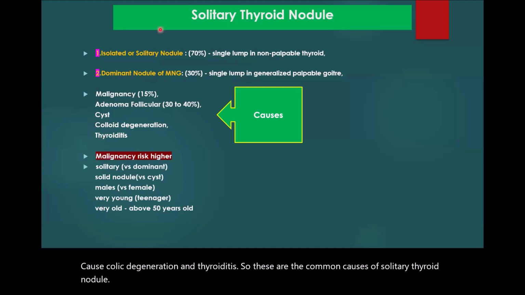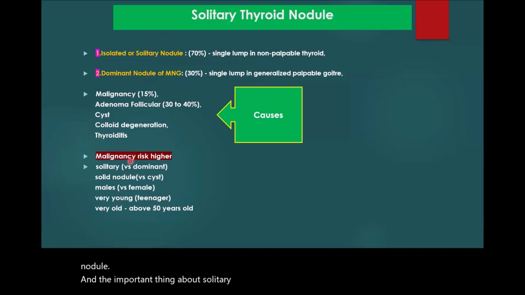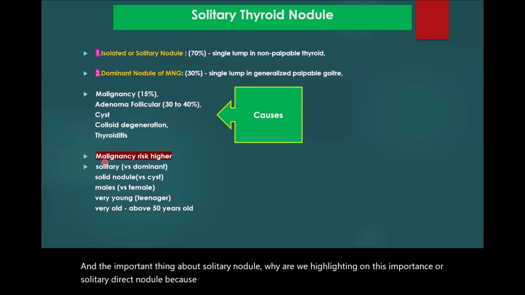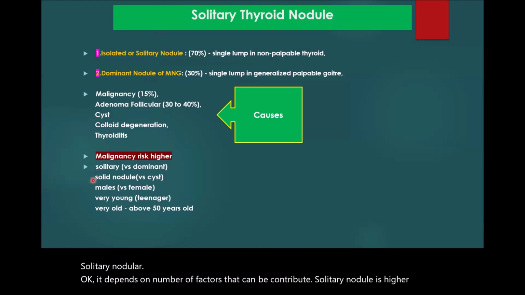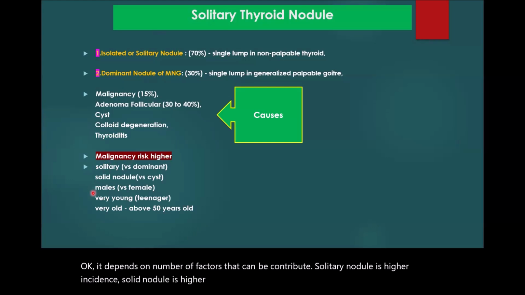And the important thing about solitary nodule, why are we highlighting the importance of solitary thyroid nodule? Because of its malignancy risk. There's a risk of a solitary nodule becoming malignant. Okay, it depends on a number of factors that can contribute. Solitary nodule has a higher incidence. A solid nodule is higher risk than a cyst.